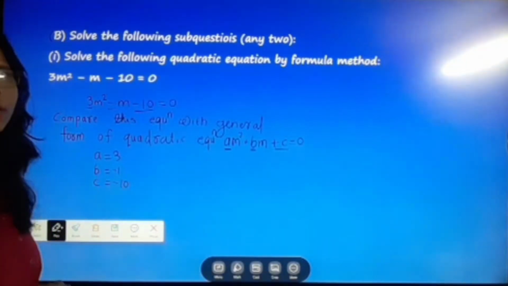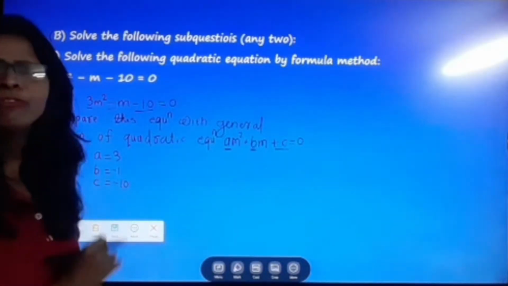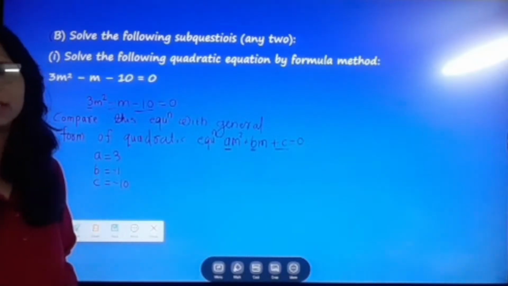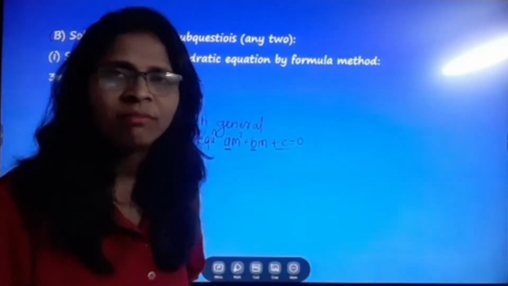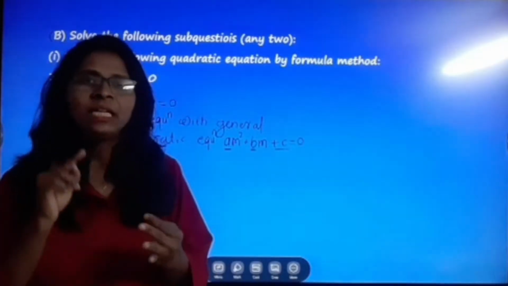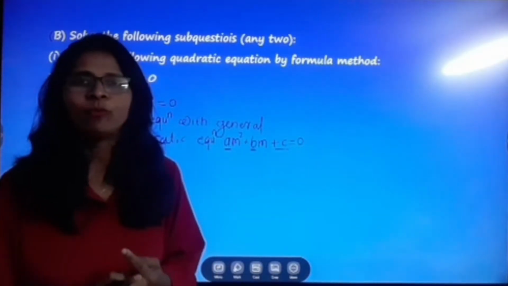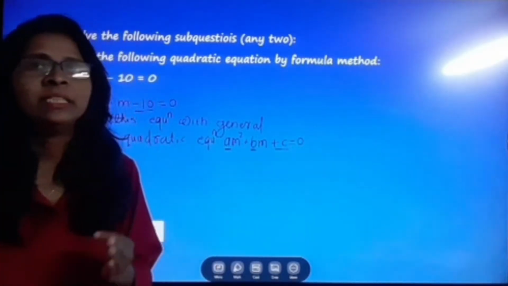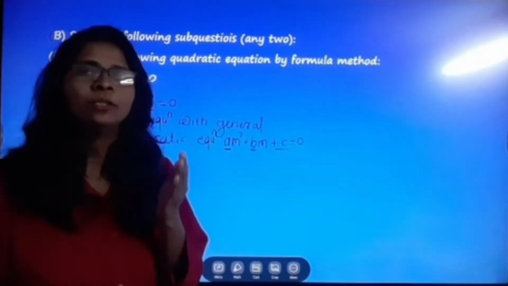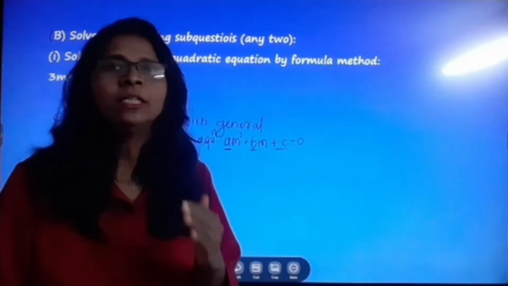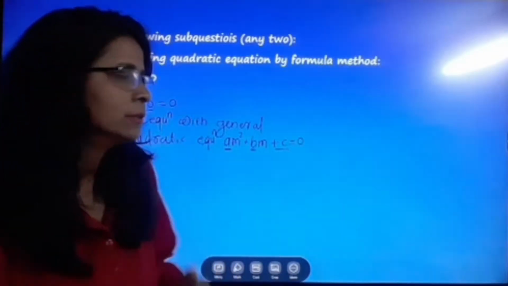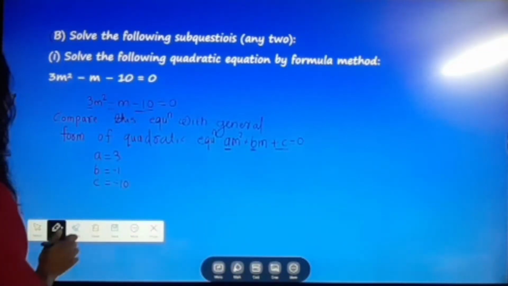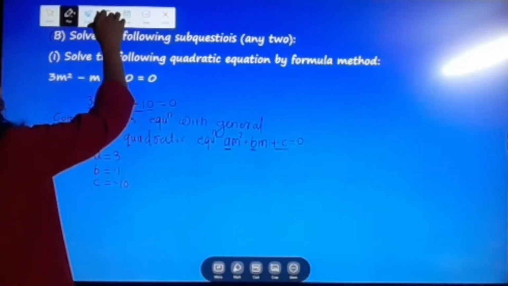This is the primary process: you have to find out the values of a, b, c while solving this quadratic equation with formula method. Then our primary step is done.